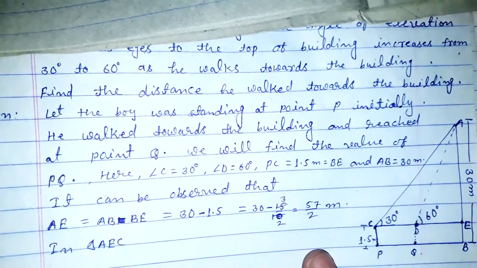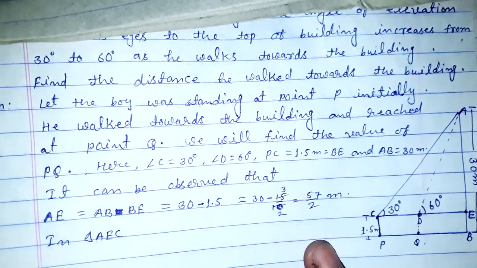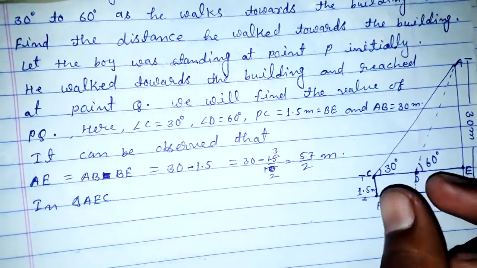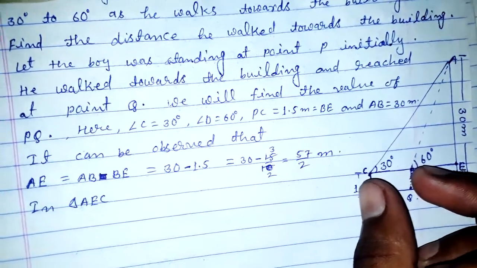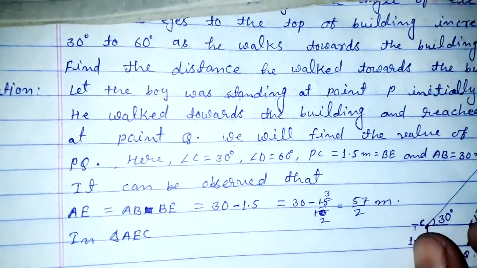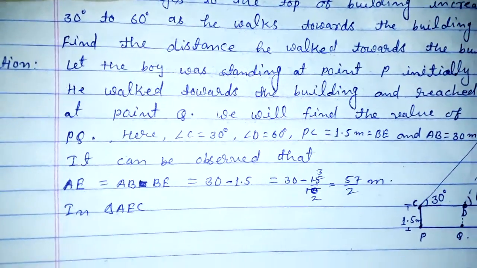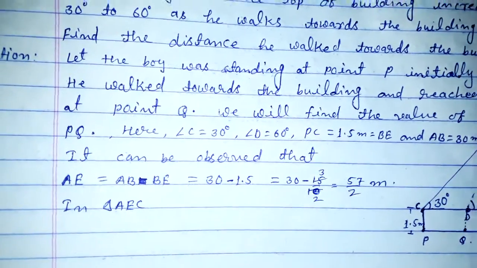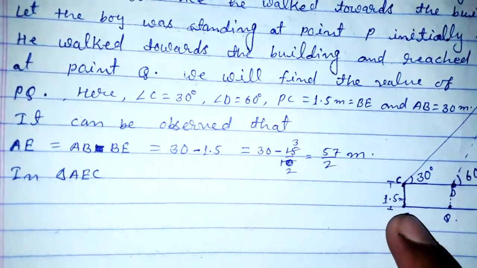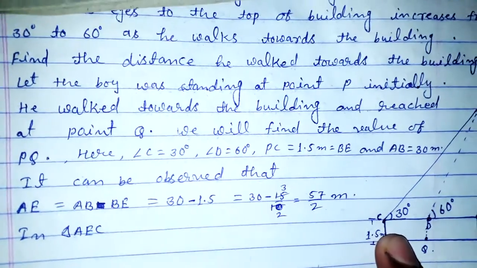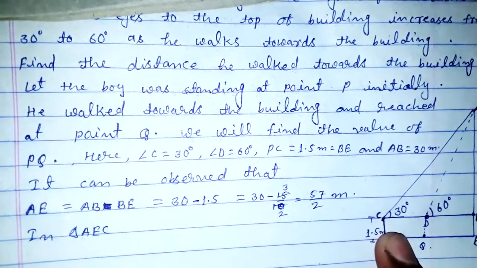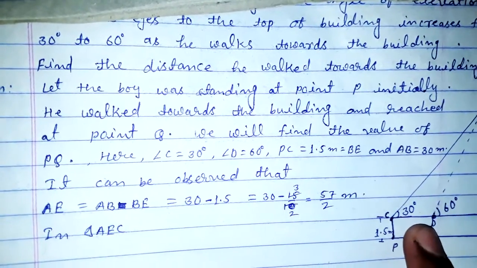Find the distance he walked towards the building. That means this distance will be found here. Let the boy be standing at point P, initially.